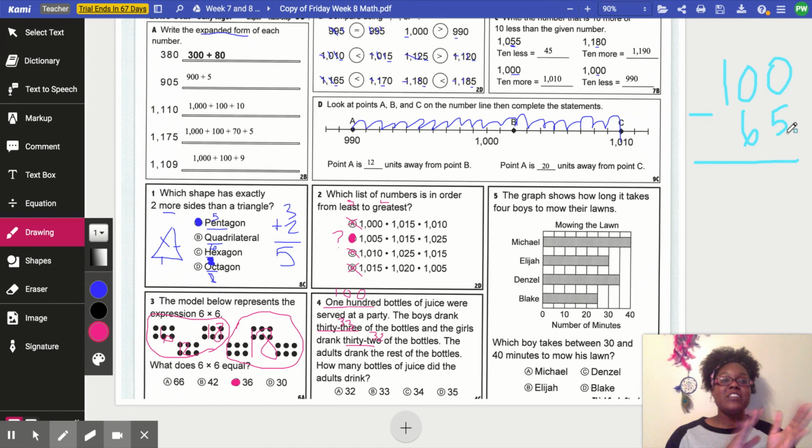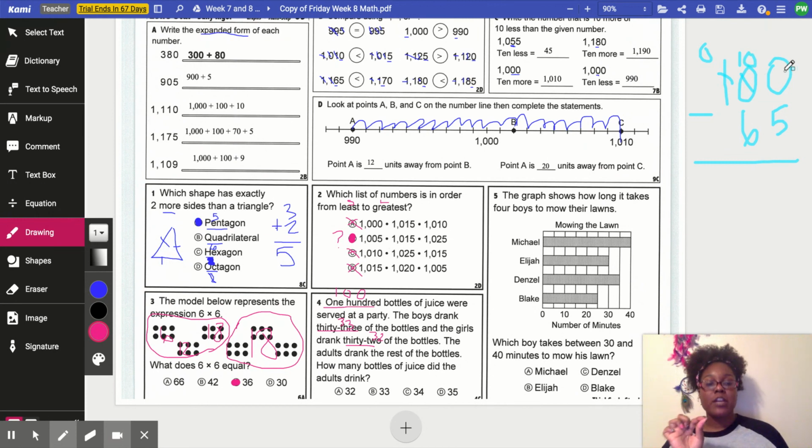Now, this is subtraction across two zeros. So I know I can't take 5 from 0. There's more on the floor. I go next door. There's nothing there. So I got to go next door again, which means I have 0 in my hundreds place. But now I have 10 tens. But I want to be working in my ones place.